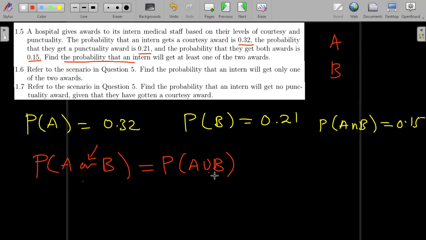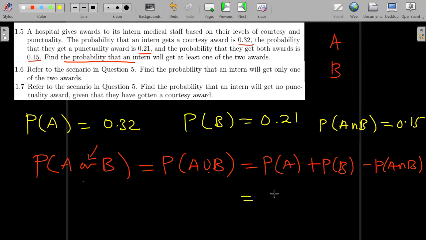Remember the total probability, if you're given two sets, will just be probability of A plus probability of B minus probability of A intersection B. So we have probability of A, 0.32, plus probability of B, minus probability of both.